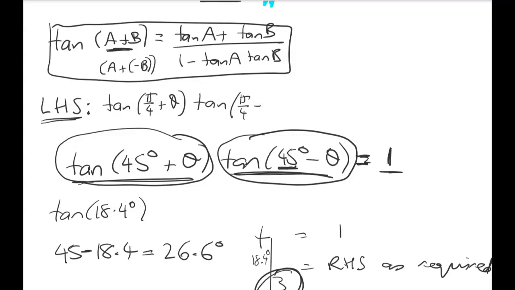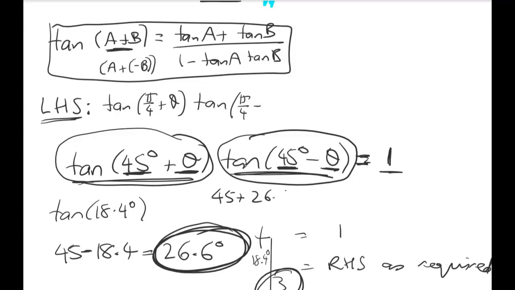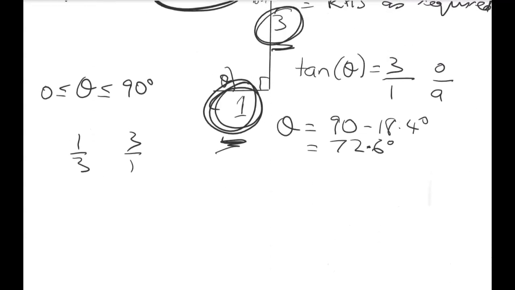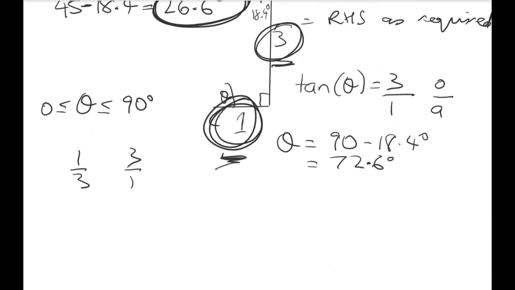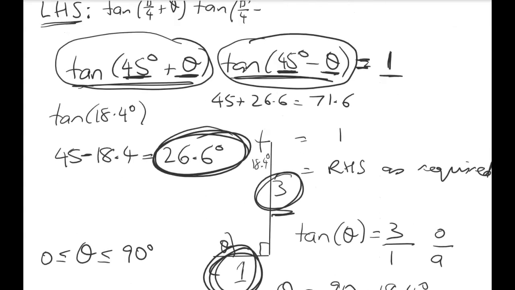So here we've got 45 and we've taken off 26.6. And for the other one, we're going to have 45 and we're going to add on 26.6. So we get 45 plus 26.6, which is equal to 71.6. Yeah, and down here, I'm sure someone by now will have left me a comment that I made a mistake. That should definitely be 71.6, not 72.6.